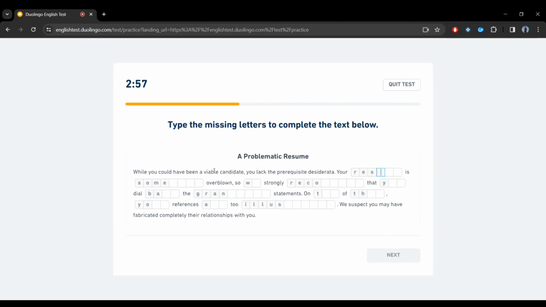While you could have been a viable candidate, you lacked the prerequisite necessity. Your resume is somewhat overblown, so we strongly recommend that you dial back the grand statements.